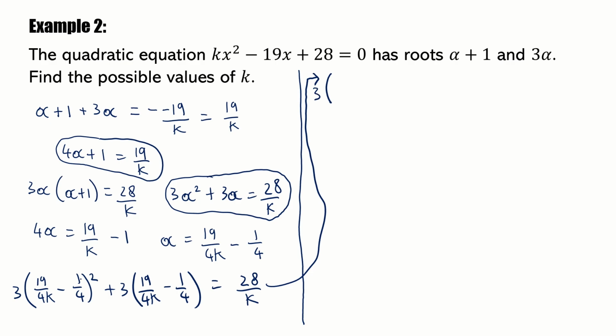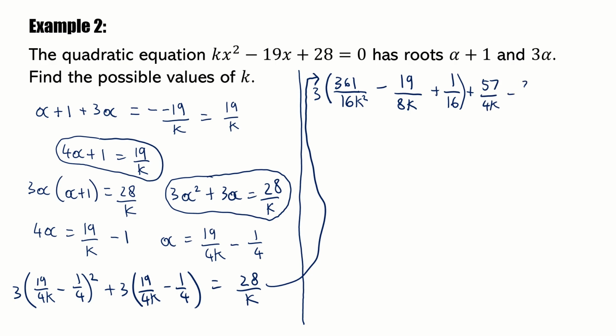So let's start by multiplying out those brackets with the power of 2 there. So that will be 361 over 16k squared on the denominator. We're going to end up with minus 19 over, it would be 16k, but times it by 2, so it's just going to be an 8k. And then we've got a plus 1/16. Then we've got a 3 times 19 over 4k, which is just going to be 57 over 4k.